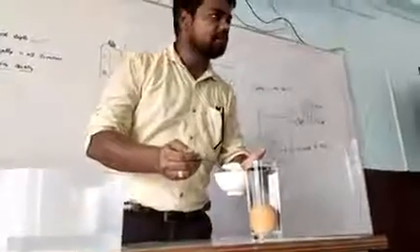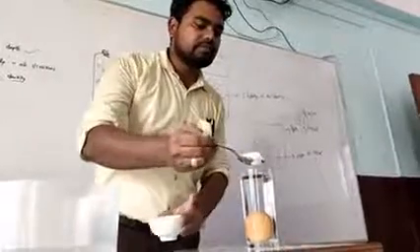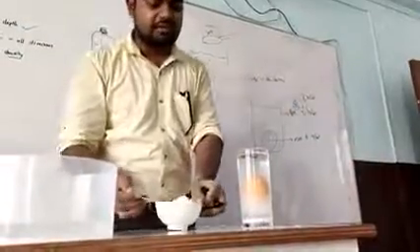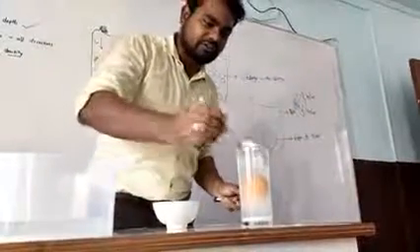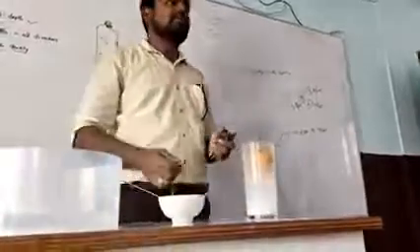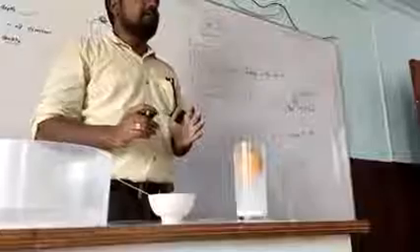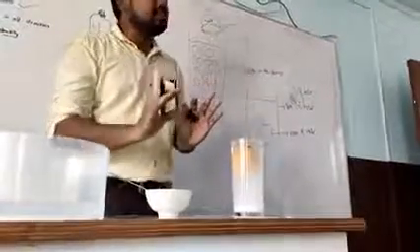So when I am adding salt, everyone observe it carefully. Now let us make it more dense. More dense means more salt I am going to add to it. So here the density of water has become more, and the egg density is as it is.